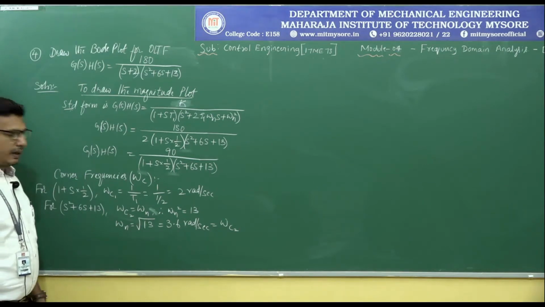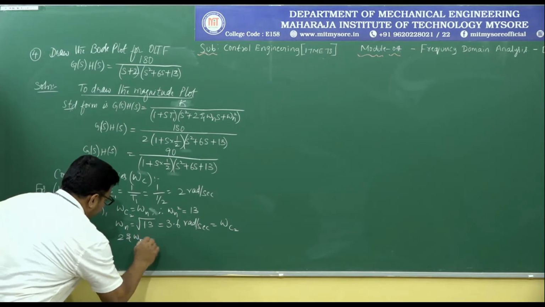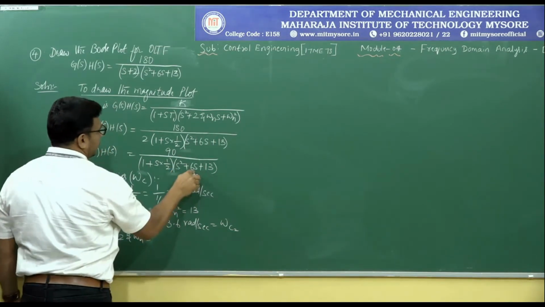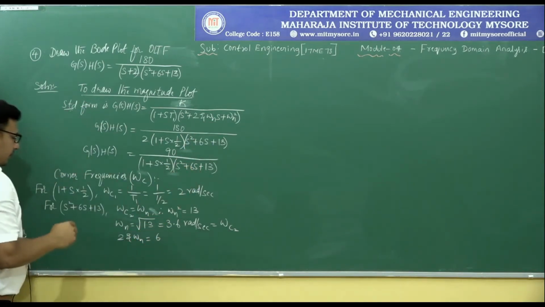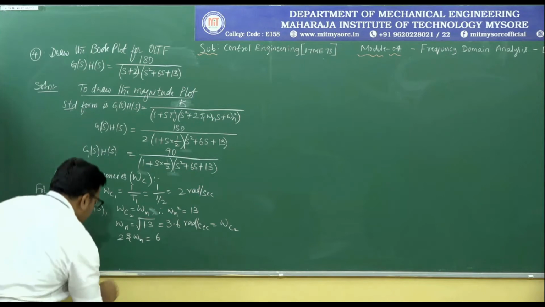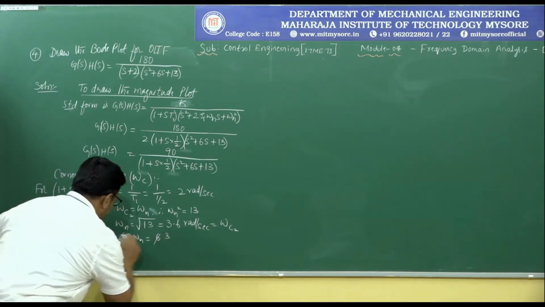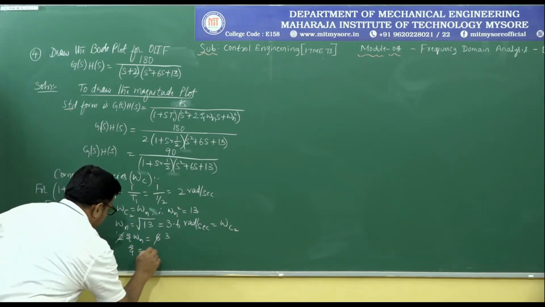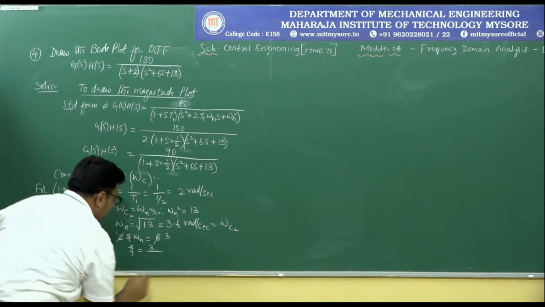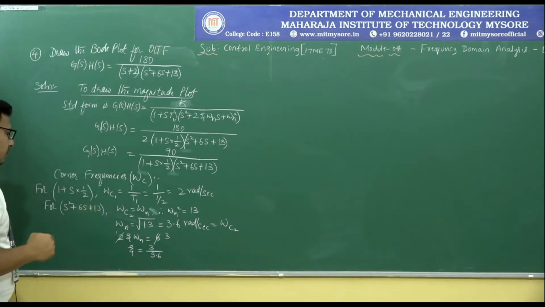Then you can also find the damping ratio. If you compare with this factor, 2 zeta omega n is equal to 6. Therefore, 2 goes 3 times with this, so zeta is equal to 3 divided by omega n, and omega n is nothing but 3.6.